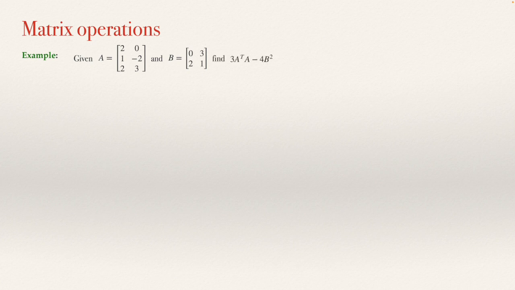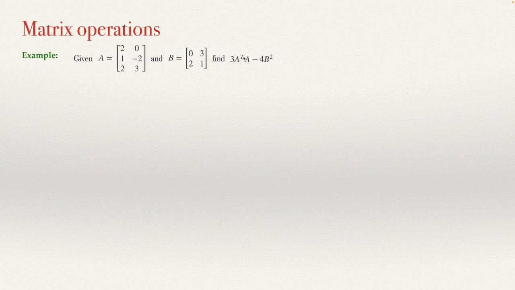There will be some situations in which several operations are involved. In this case, follow the rules of operations that we follow in usual mathematics. For example, if we have this matrix A equal to this 3 by 2 matrix and B is this 2 by 2 matrix, and we want to compute this, 3 A transpose times A minus 4 B squared, what to do?